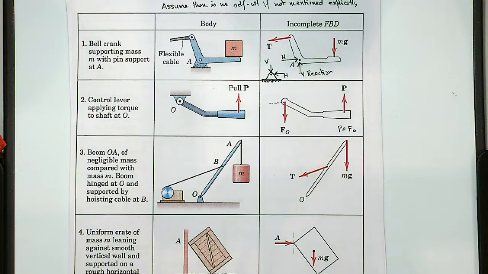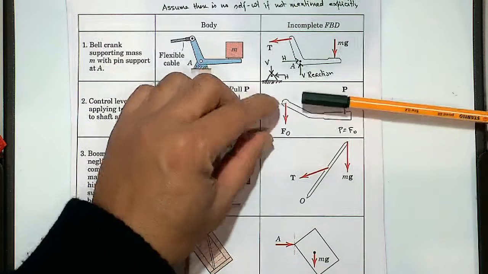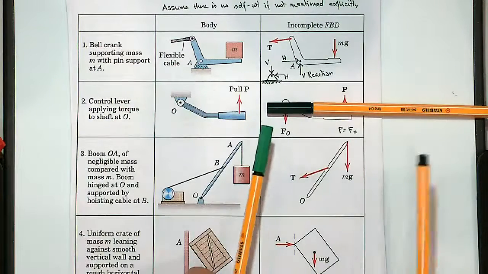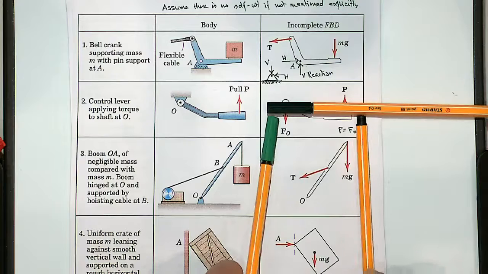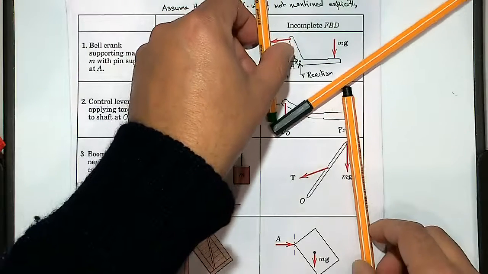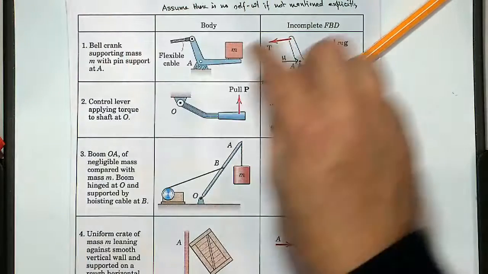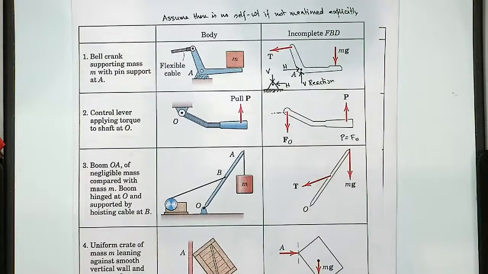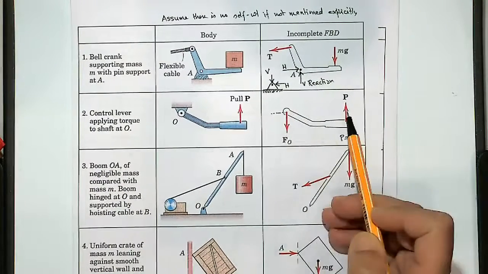Is this under equilibrium? No, there is a moment, because one force is trying to put it up and one force is pulling it down, so it is going to rotate. There is nothing there to stop that rotation. So this is not under equilibrium under these two forces.